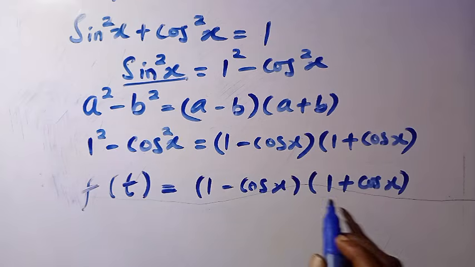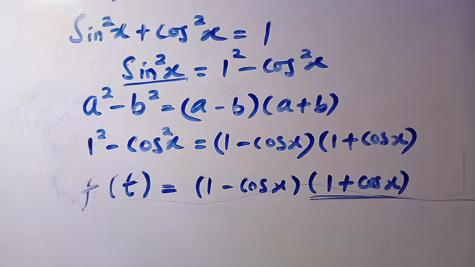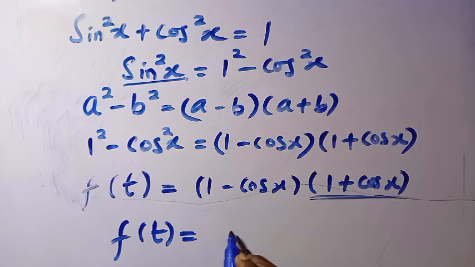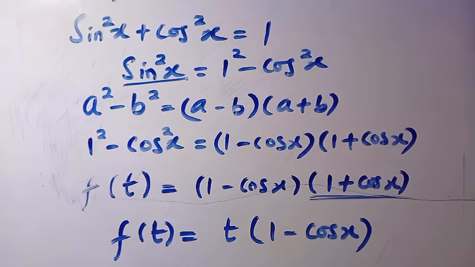Out of this, we have 1 plus cos x, which is t. Let's replace it: f of t equals t into the bracket of 1 minus cos x. Makes sense? So what else can we do? We try to make sure that 1 minus cos x is also in terms of t. It's very easy to achieve this, and let's see how.